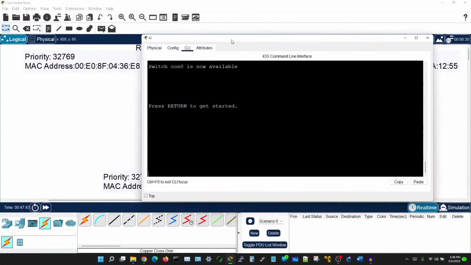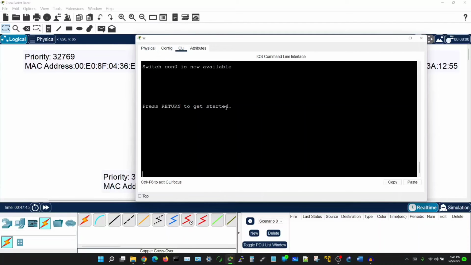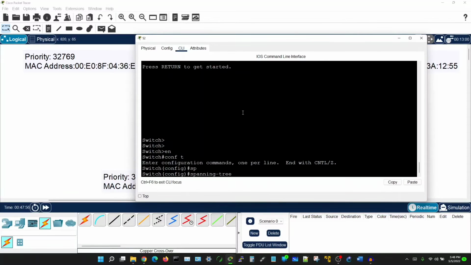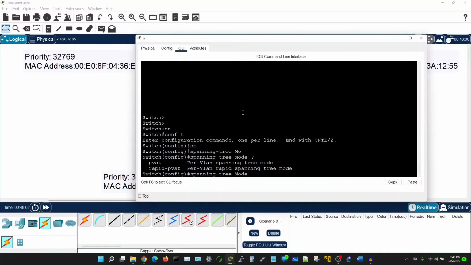Okay, so the way we do that, we go to switch number 2, and we go to configure terminal, and we're gonna do the following: spanning tree mode, and I want to be rapid per VLAN spanning tree.